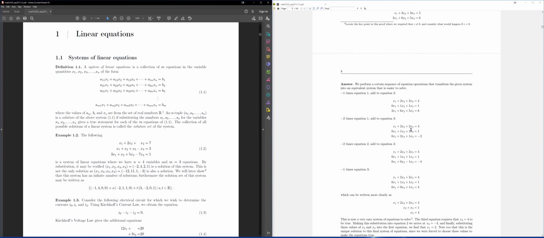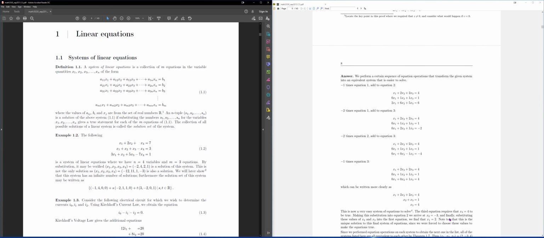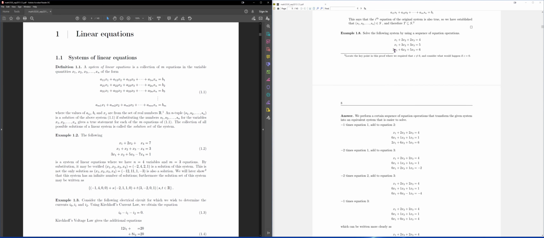And then for the third equation, you have a 4 over here, and minus 18, when 6 times minus 3, so 4 plus minus 18 is minus 14 so far.